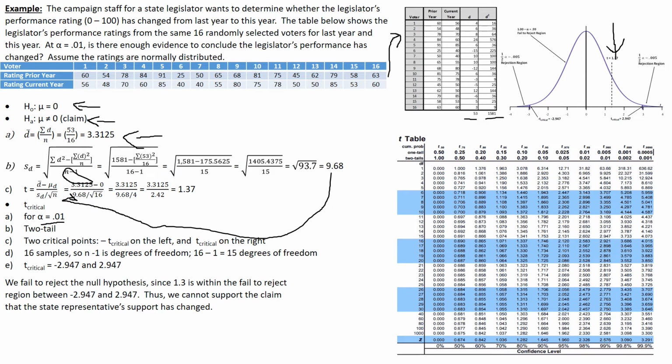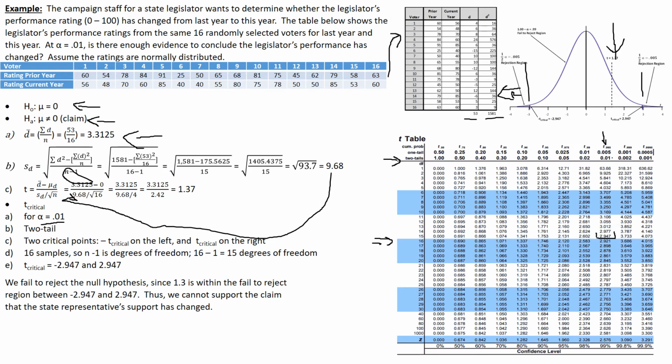So let's look at, by the way, there are 16 samples, so there's 15 degrees of freedom at two-tailed at 0.01 right here. And let's see where these meet. That would be 2.947. So it's going to be negative and positive 2.947 on my critical points. Anything left of there, I reject.